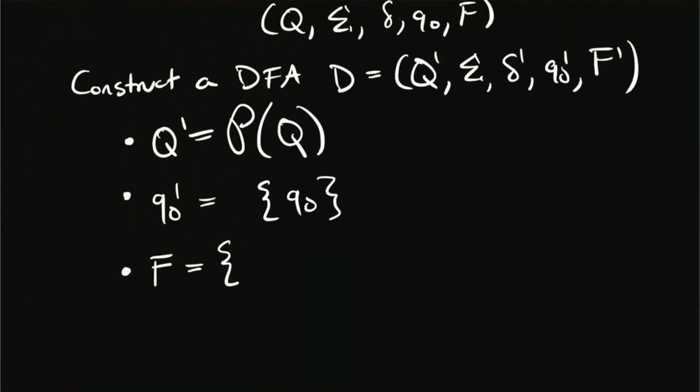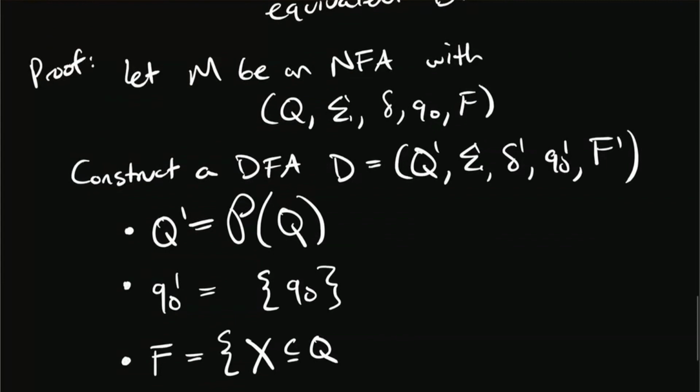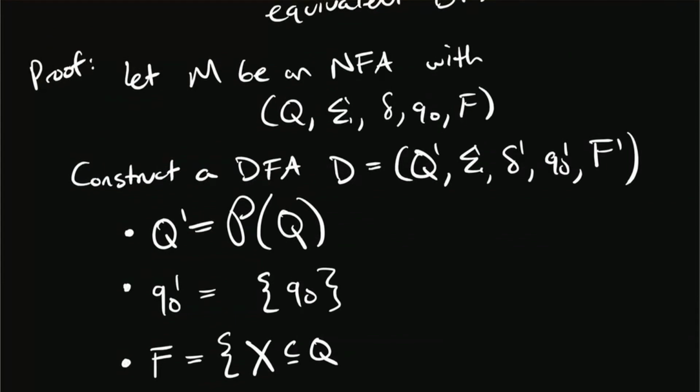It's all the subsets X of the set of states in the NFA. So let's be clear here. The Q right here in the set is the set of states in the NFA. The reason I'm doing this will be clear in a second. But it's all subsets such that X has non-empty intersection with the final states of the NFA.